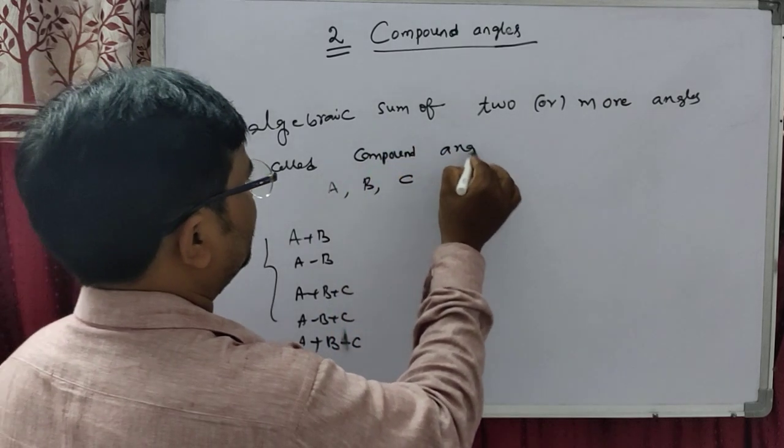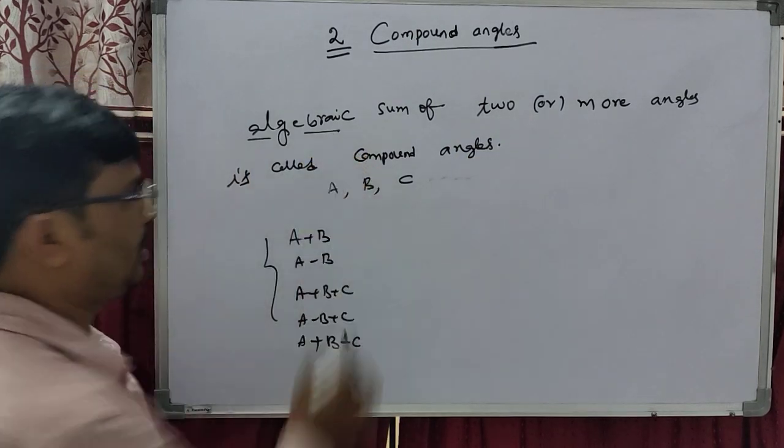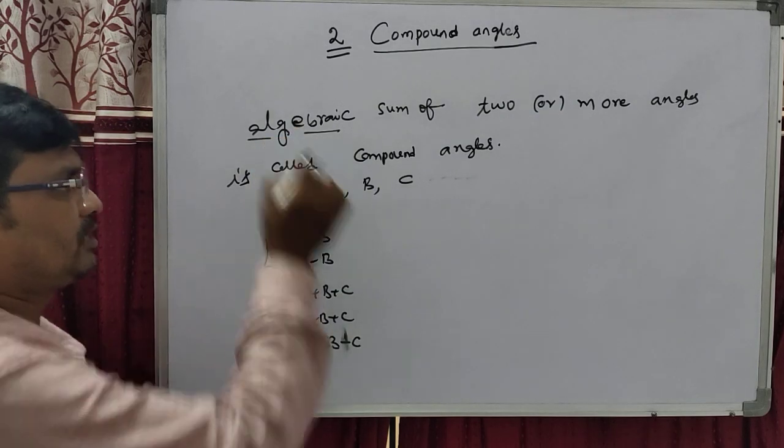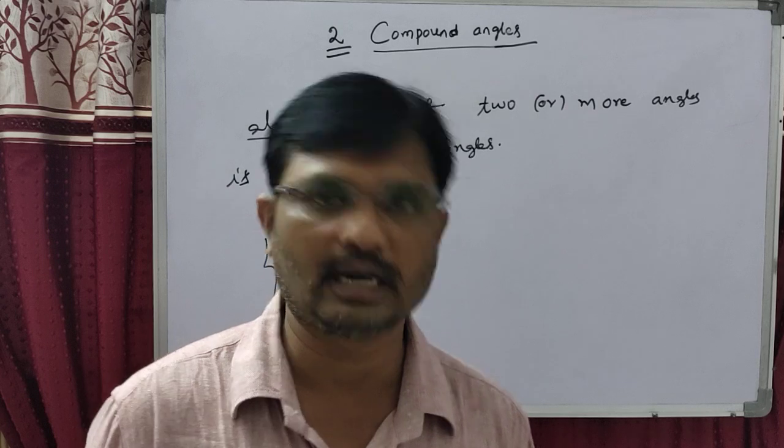My dear students, just listen for 1 minute. Algebraic means either plus or minus. The algebraic sum of two or more angles is called the compound angles.